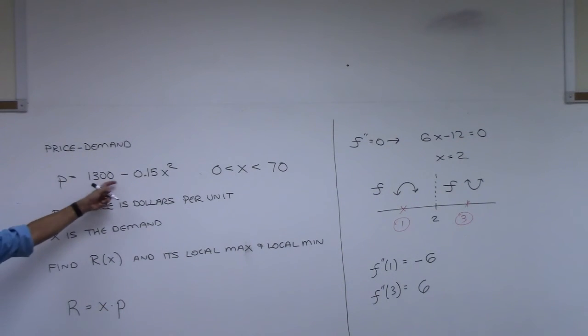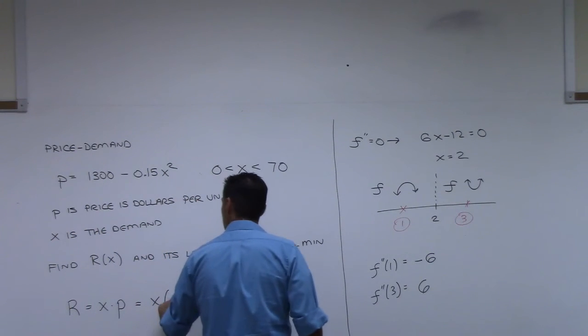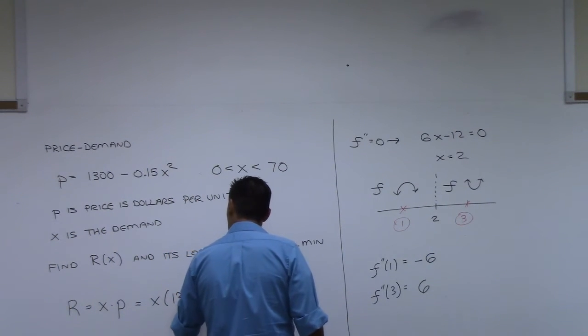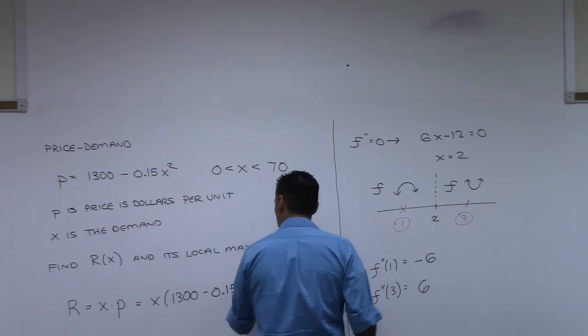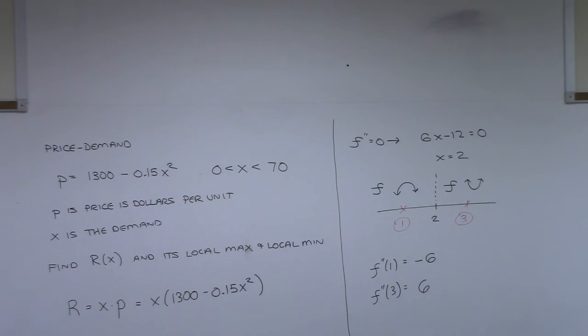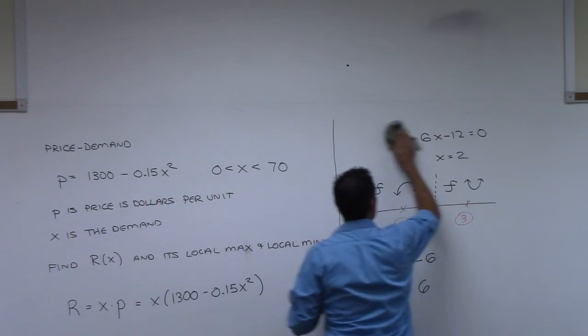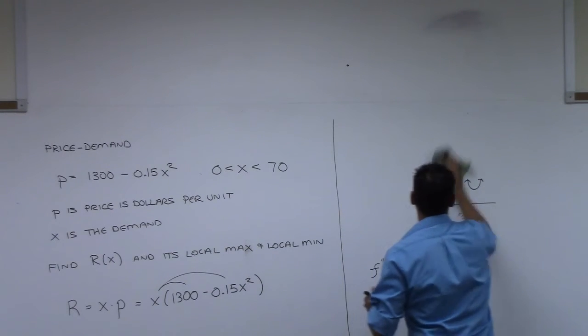But if price is this, then this becomes x times 1,300 minus 0.15 x squared. Do y'all agree with that? Yes. And if we multiply that x through here, we have a nice revenue function.